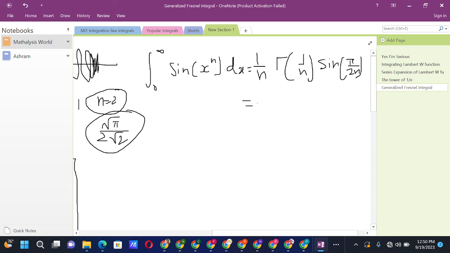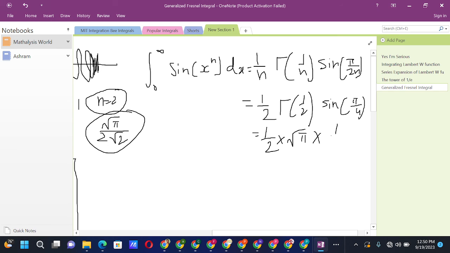When n equals 2 we have 1 by 2 gamma of 1 by 2 sine of pi by 4. Now 1 by 2 gamma of 1 by 2 is just root pi by 2, and sine of pi by 4 is 1 by root 2. If we multiply these we get root pi by 2 root 2.